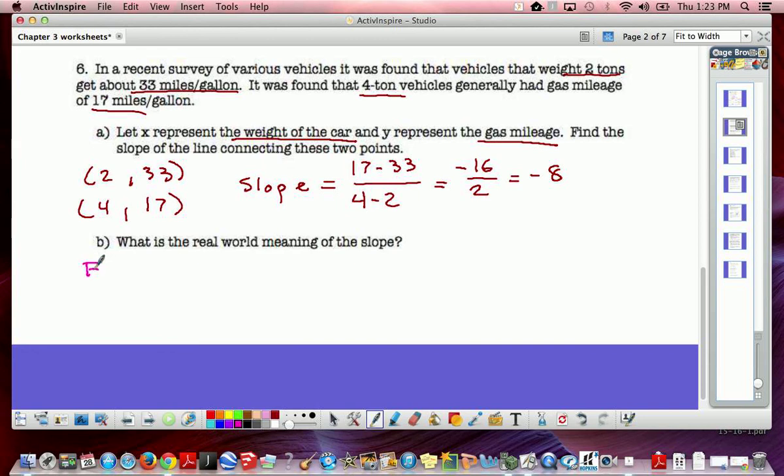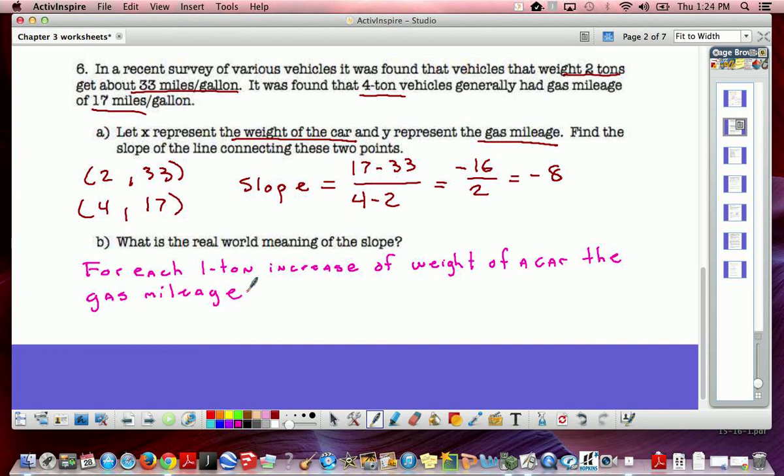So in this case, for each 1 ton increase of weight of a car, the gas mileage will decrease by 8 miles per gallon.